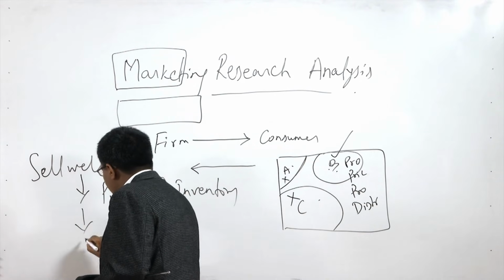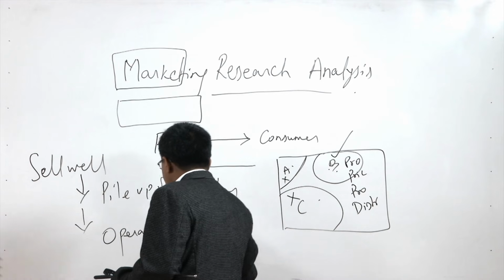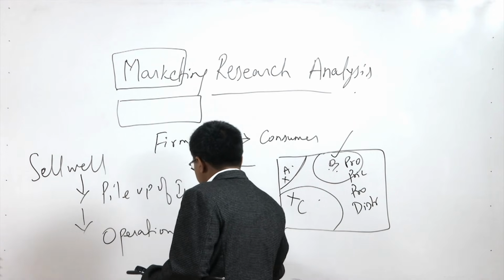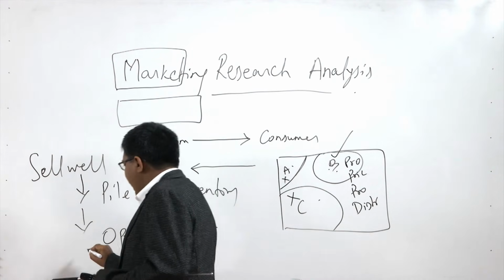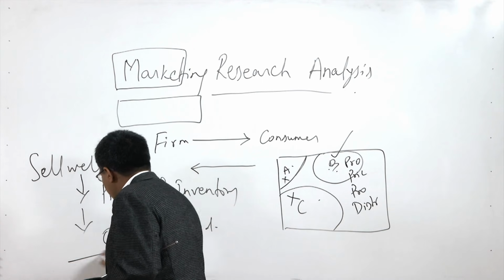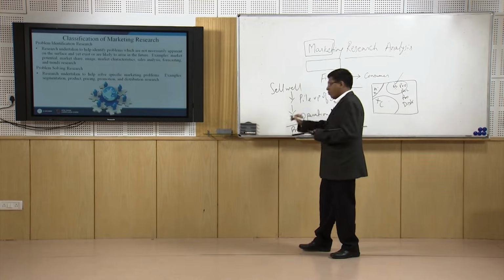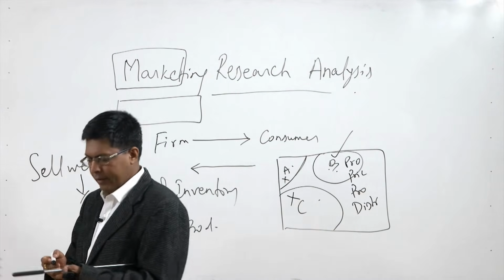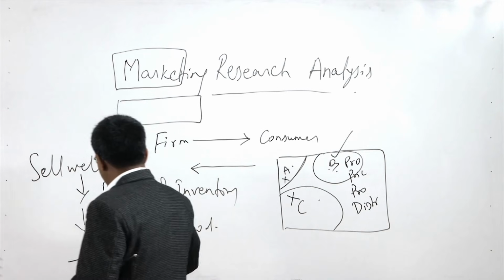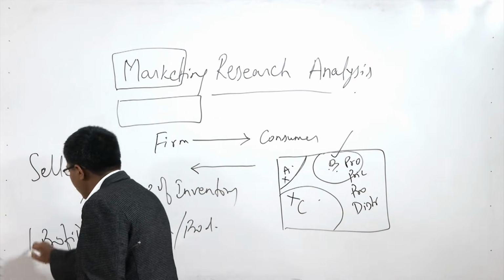This entirely affects the operation and production side of the company, right. And obviously when all this gets affected, the profitability does not remain the same. So, profits go down.